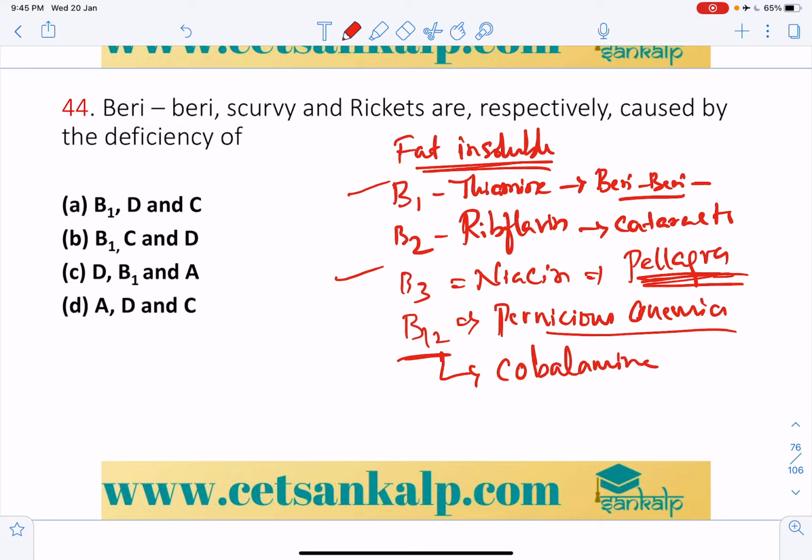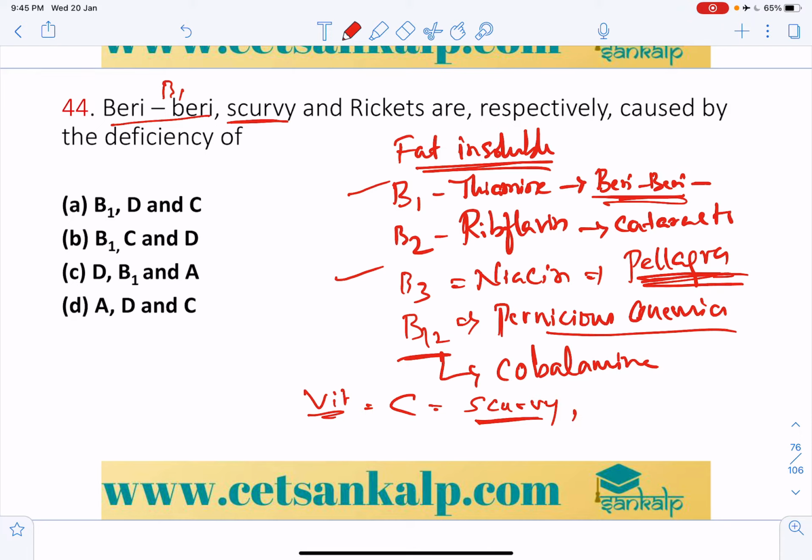Let us take this. So beriberi is because of B1. And scurvy is because of vitamin C. Vitamin C deficiency leads to scurvy. As we all know, scurvy means bleeding gums, right?